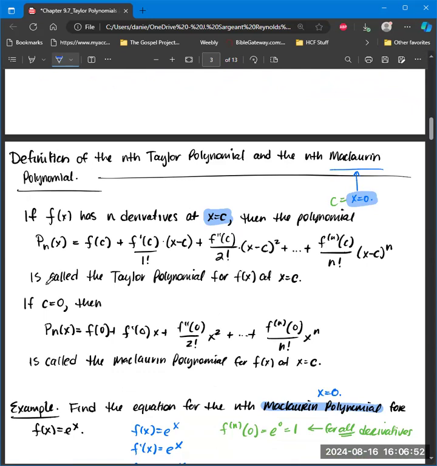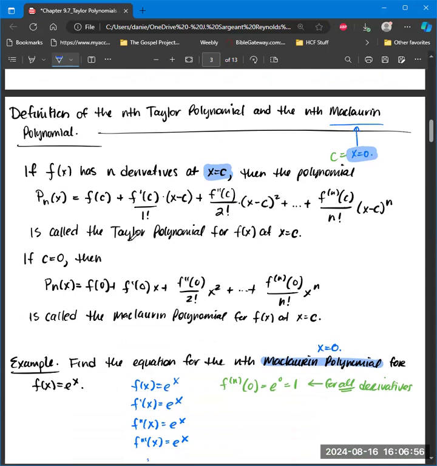So that's what we want to know: if f of x has n derivatives at x equals c, then the polynomial p sub n of x, the nth degree Taylor polynomial here, equals f of c plus f prime of c over 1 factorial times x minus c plus f double prime of c over 2 factorial times x minus c squared plus, and then keep going, plus the nth derivative of f at c over n factorial times x minus c to the n.